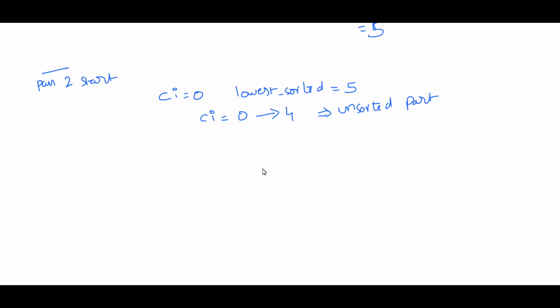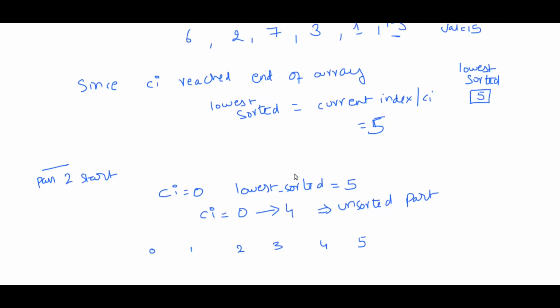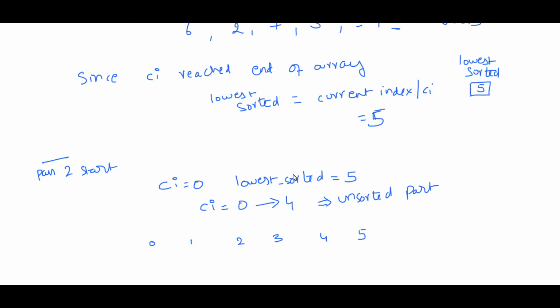So once again, we repeat our elements here: 0, 1, 2, 3, 4, 5. And I'm just writing 5 so that we represent that in the array, but we're not going to do anything with it because obviously 15 is where it needs to be.